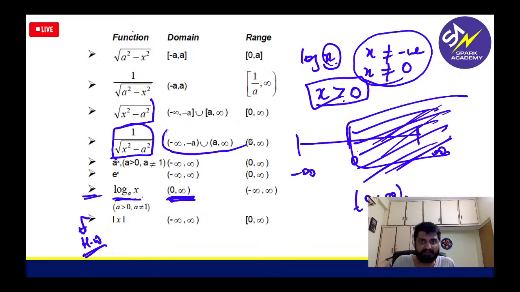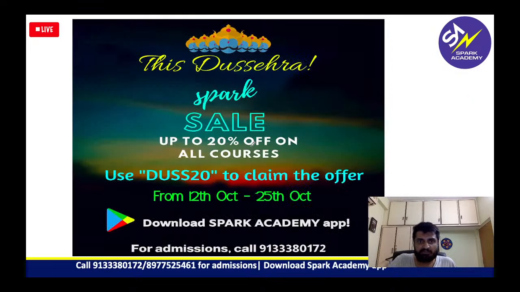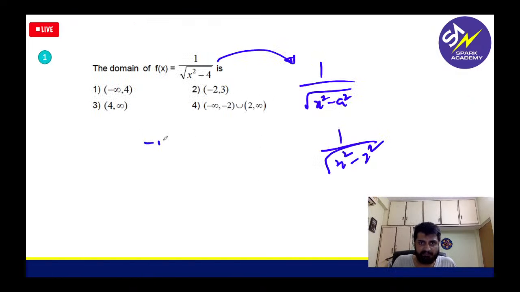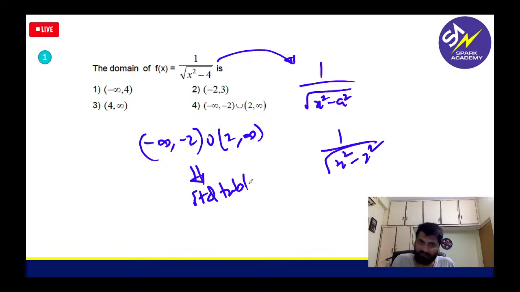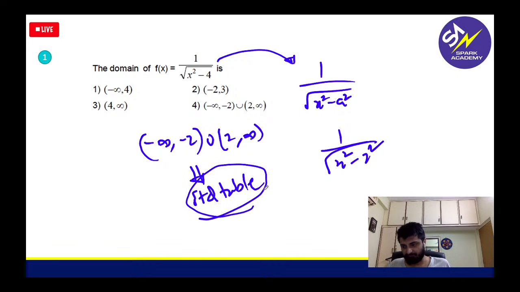Minus infinity to minus a, union a to infinity. So I can write this as minus infinity comma minus 2, union 2 to infinity. This is using our standard table, which we already derived, most of them. So directly you can tick the 4th option. This is the first method of solving, guys.